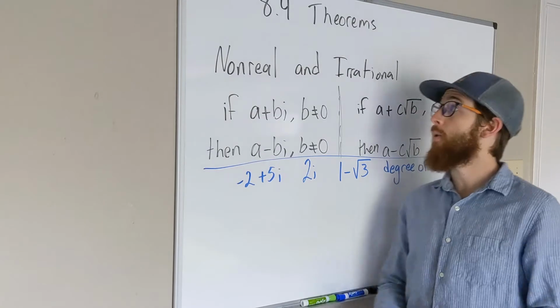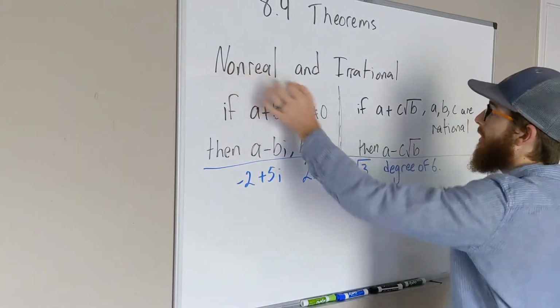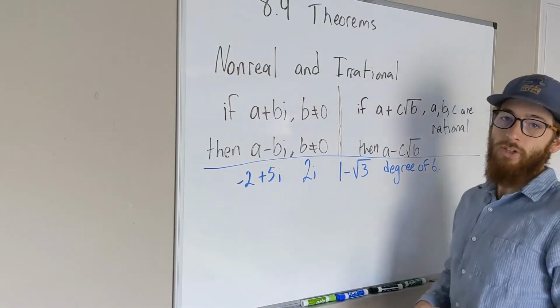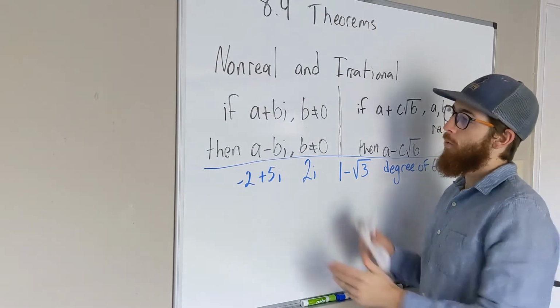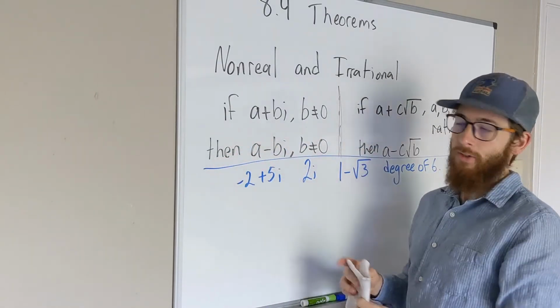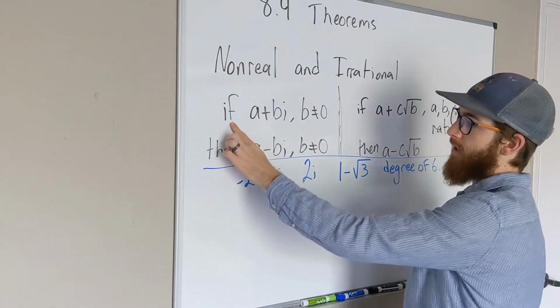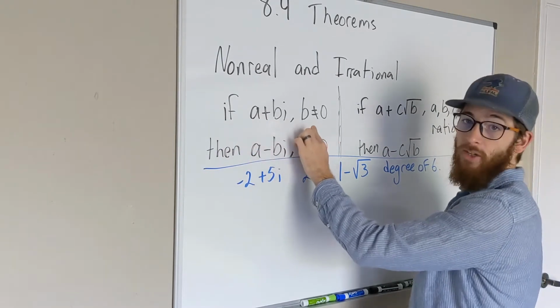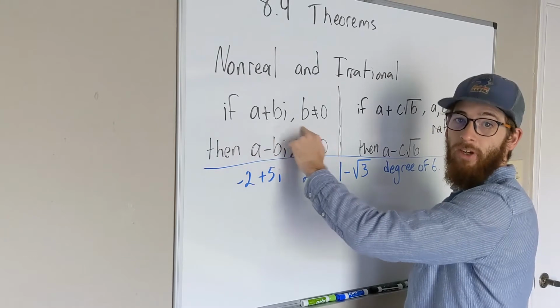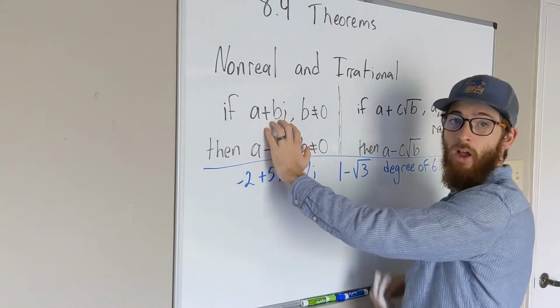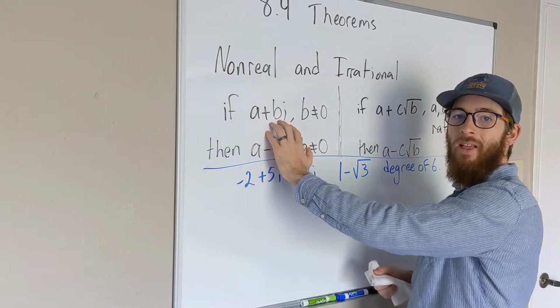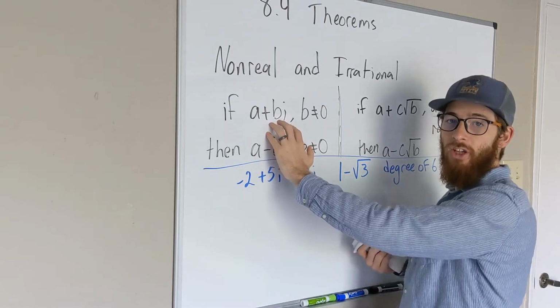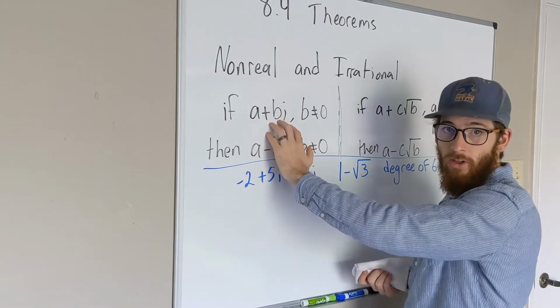In this next part, I want to talk about both non-real and irrational zeros. And we'll just look at the non-real first. So if we have complex numbers that look like a plus bi, where b is not 0, if this complex number is a 0 of our polynomial, then its complex conjugate is also a 0.